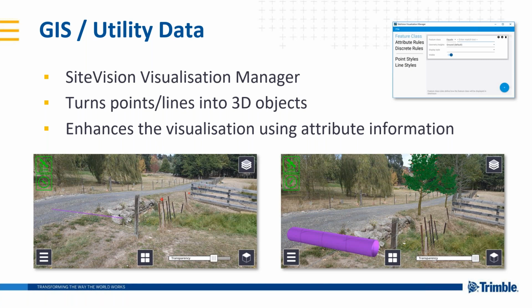So the culvert there is being rendered as a 3D object, and then on those points down the fence line, I think there's a couple of apple trees and maybe a couple of oak trees too, just to show the different types of objects that can be used here.